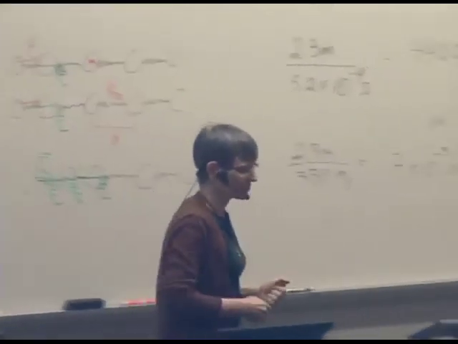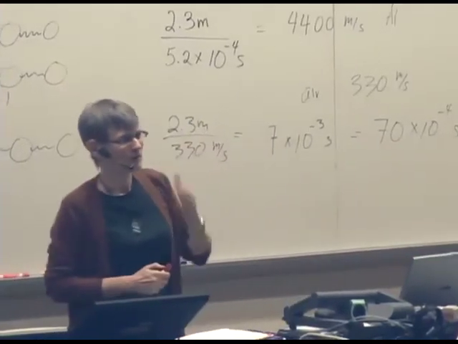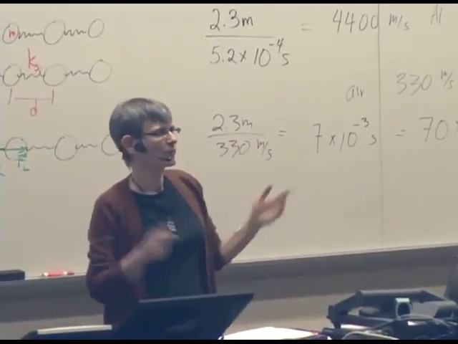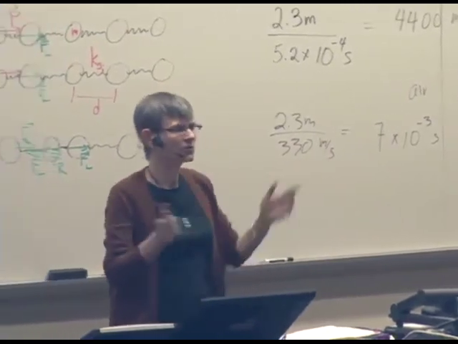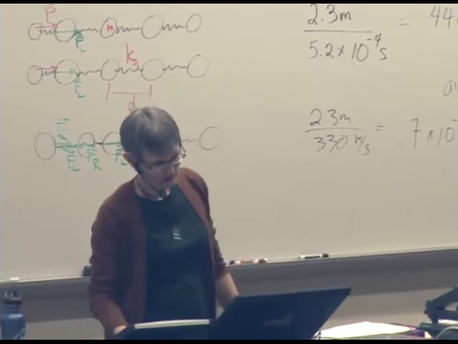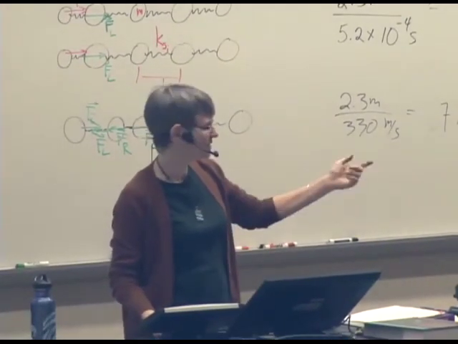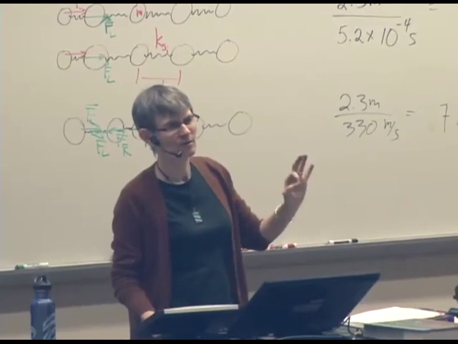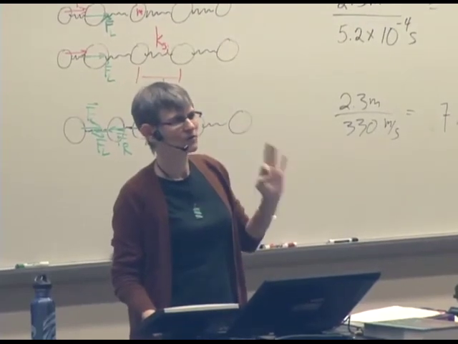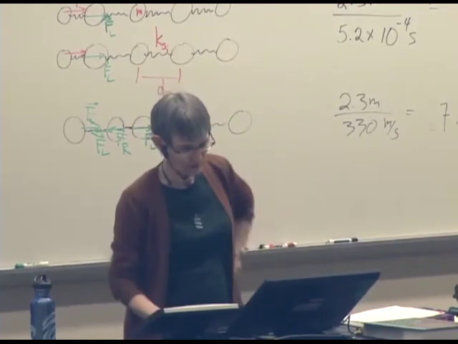Even so, we're doing quite well. We're doing much better than a factor of 2, and we're really getting the right order of magnitude. So this is evidence that the kind of microscopic model we've been making is useful and valuable, and really does tell us something important about what's going on inside.